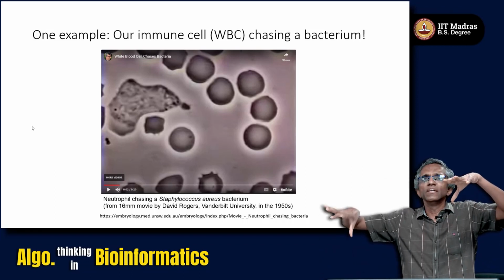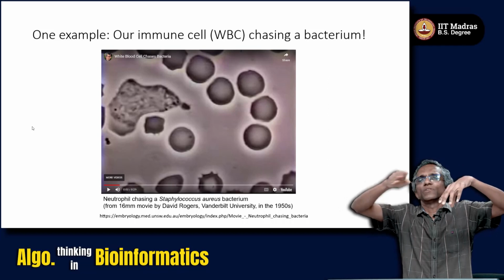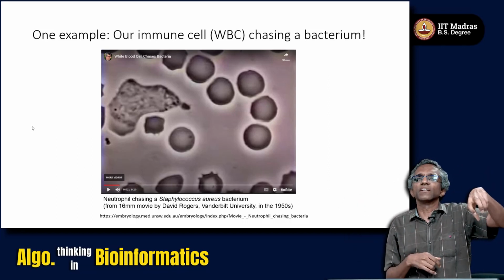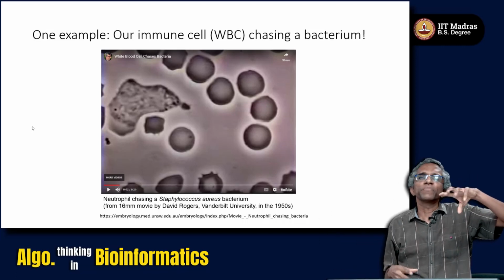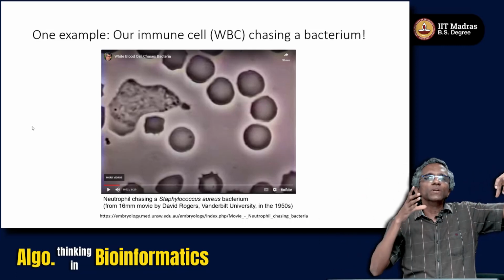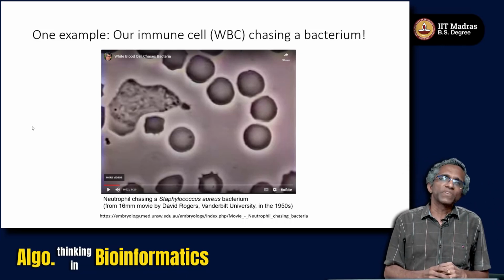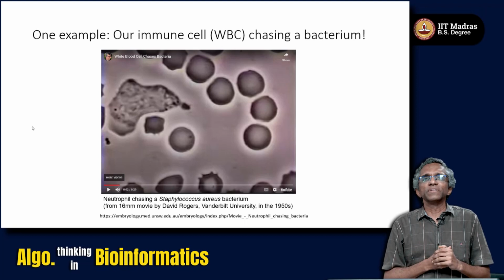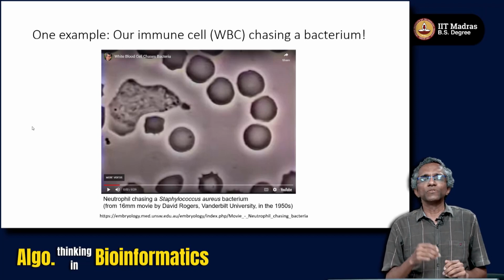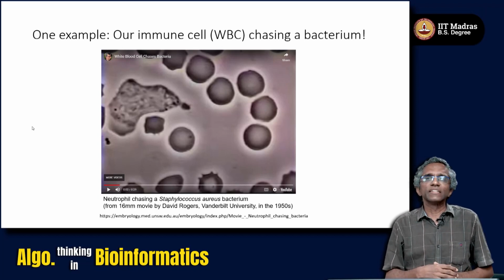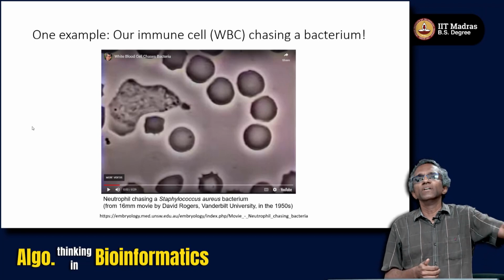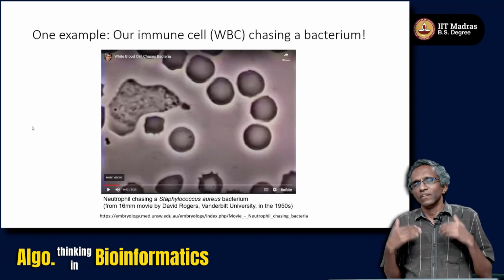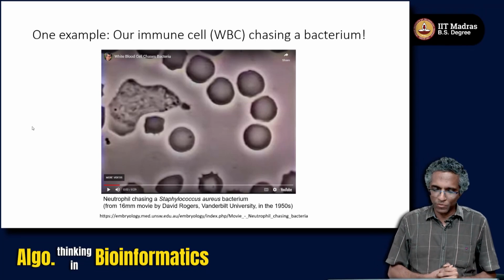Across the different regions surrounding the neutrophil, it will be able to say where the concentration is the largest and where it is the lowest. Based on that, it is going to move towards the bacteria, and then eventually engulf it. There is so much real time decision making the neutrophil has to do in order to properly engulf the bacteria. Any wrong decision and it is going to miss the bacteria, and if you miss too many bacteria, then your infection is not under control in the body.